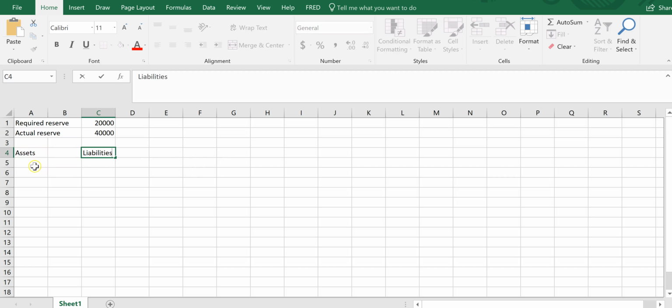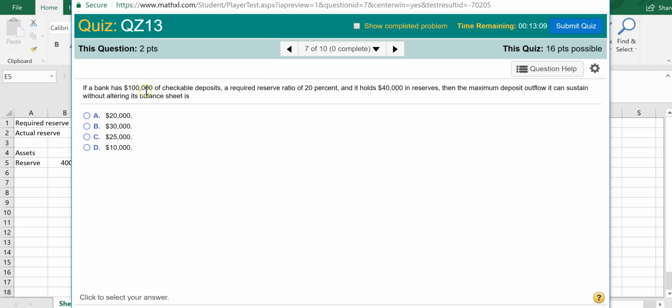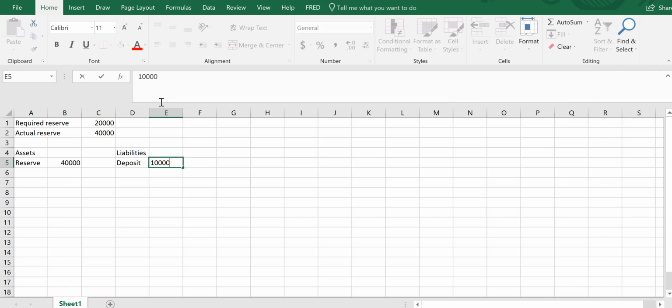On the right-hand side, we have the liabilities, which include the checkable deposits. Initially, it's 100,000.